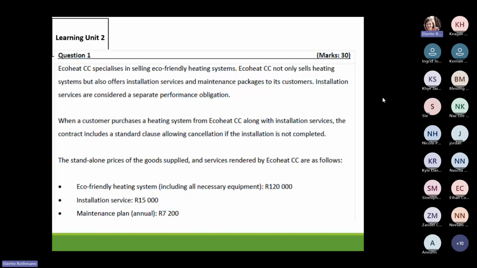So if you see anything regarding standalone prices, then you must know that this is the standalone transaction, where they're going to give you every item's price separately, but also give you a price for everything combined. And then you'll have to be able to calculate the revenue. So they give us the standalone prices of the goods. The heating system is 120,000 Rand. Installation is 15,000. And then the maintenance plan, 7,200.